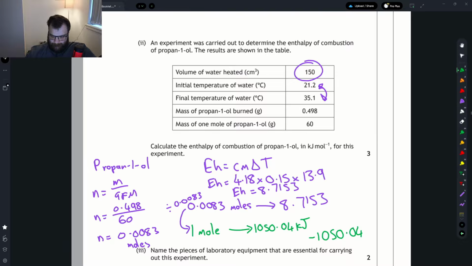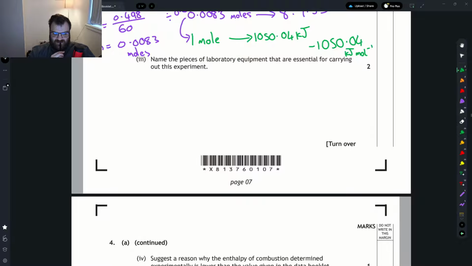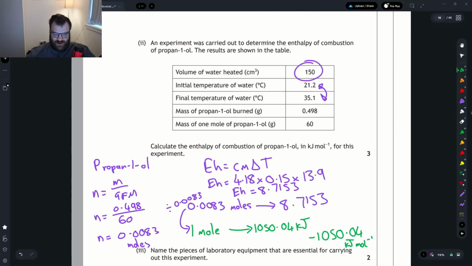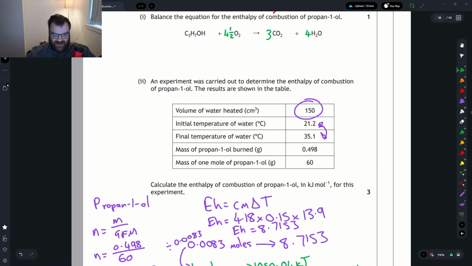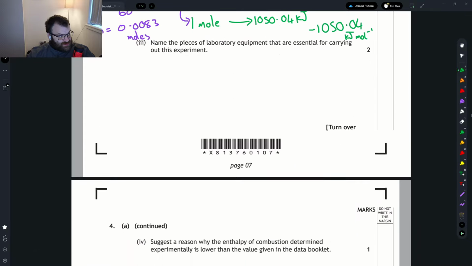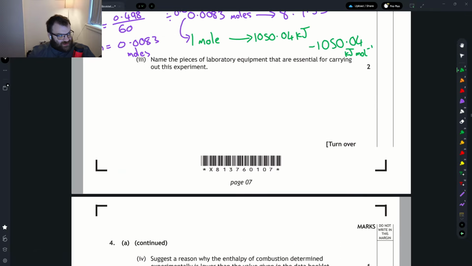kilojoules per mole. Name the pieces of laboratory apparatus that are essential for carrying out this experiment. How many did it want? Essential. Okay, essential is quite important then. So, right, let's see what we've got. So we're measuring temperatures, so that's going to be a thermometer or a temperature probe, something to measure the temperature.